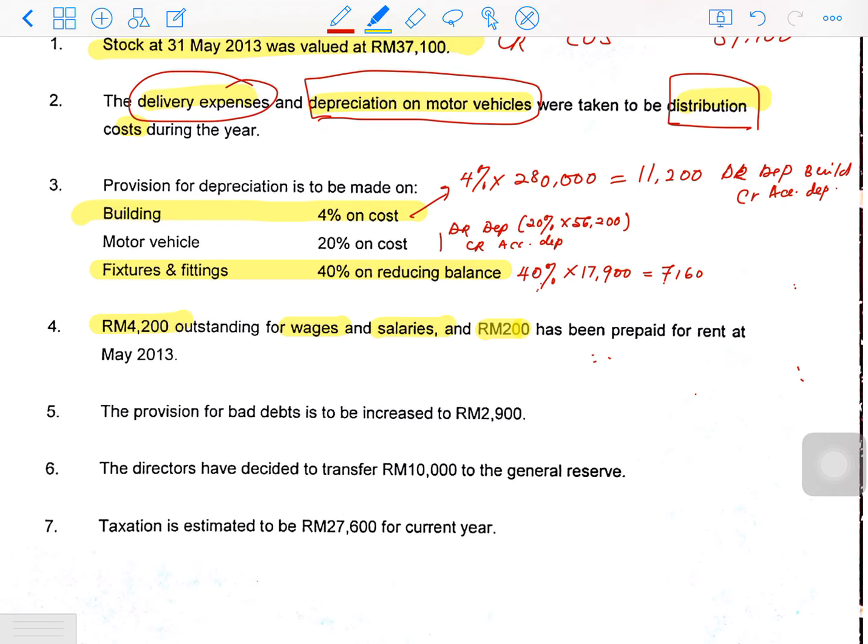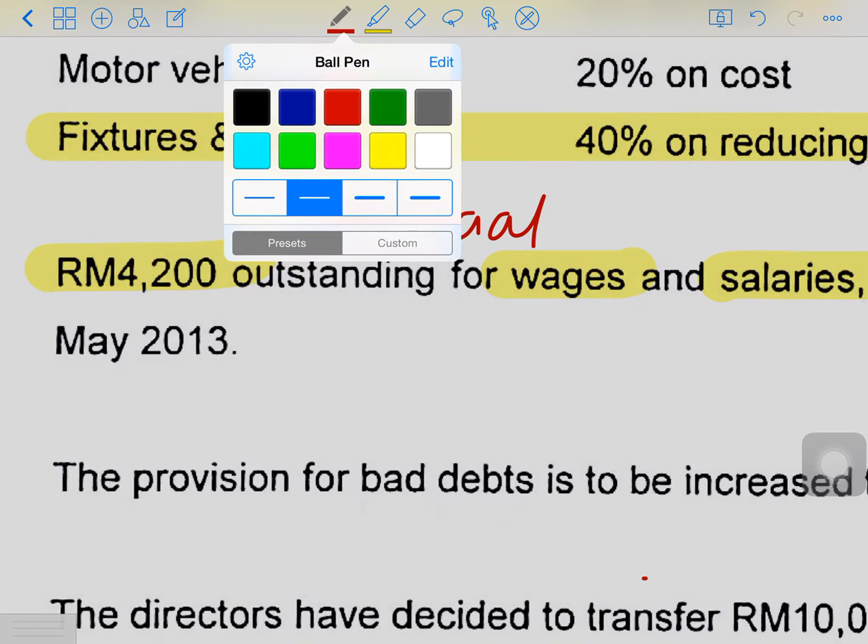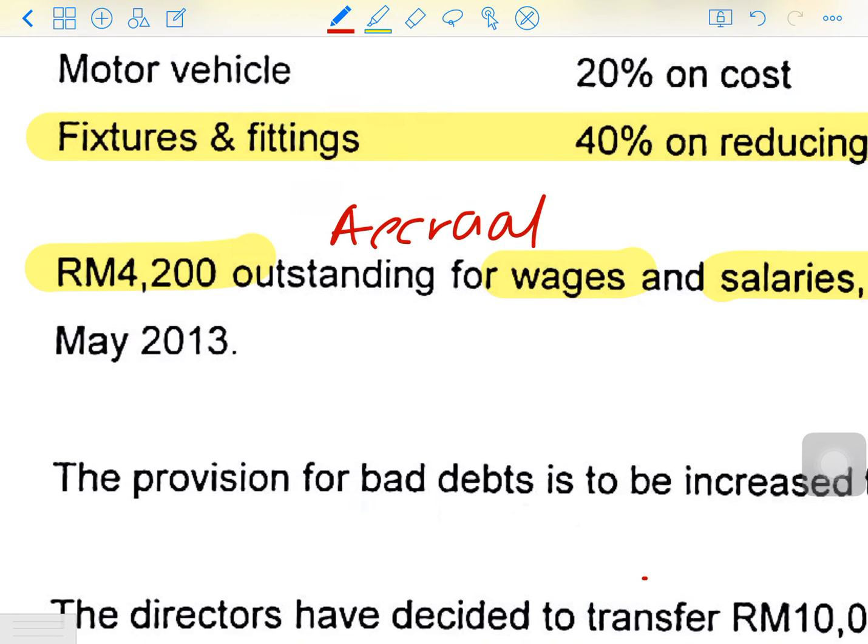For accrual, you have to pass adjustment entries. Debit what? Debit wages and salaries and credit accrued wages and salaries, 4,200.